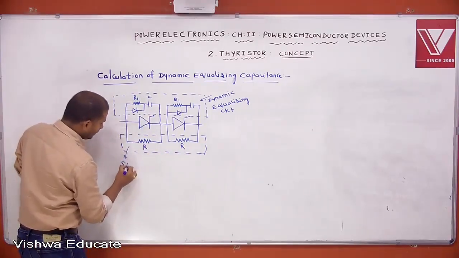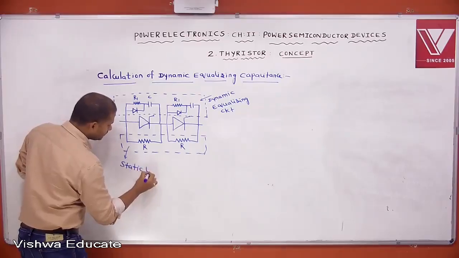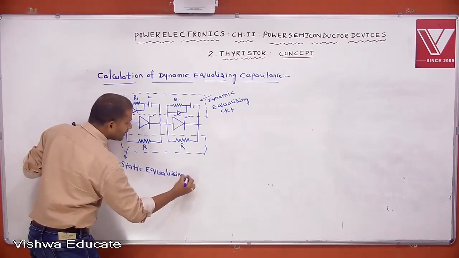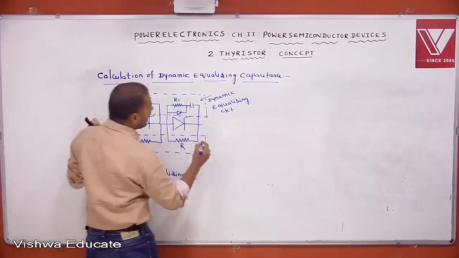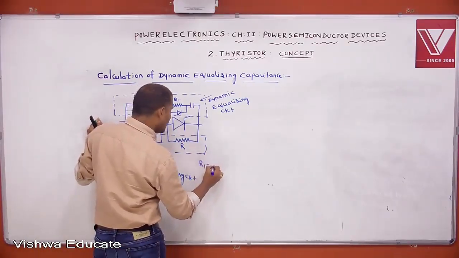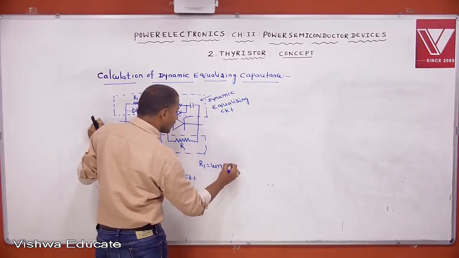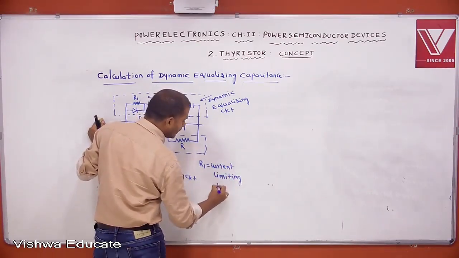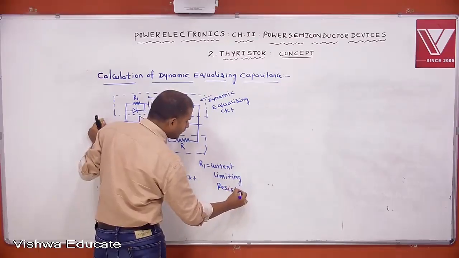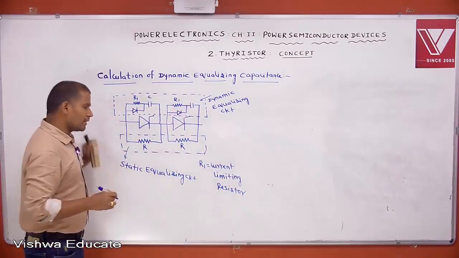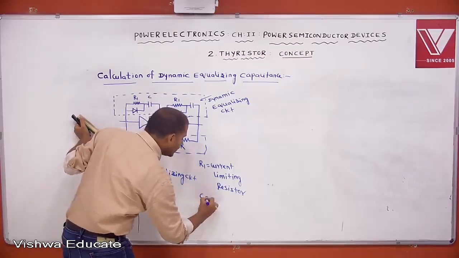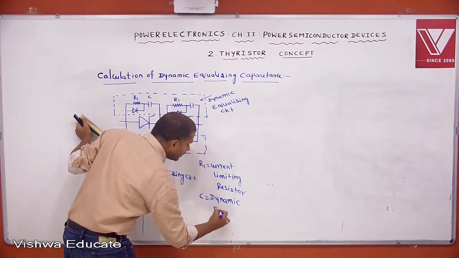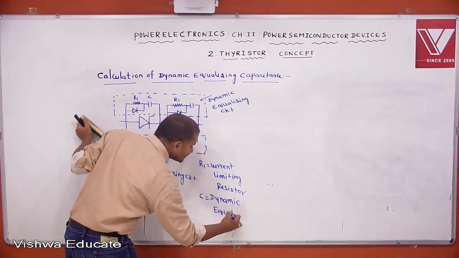This is the static equalizing circuit. Here R1 is the current limiting resistor in the dynamic equalizing circuit, where C is the dynamic equalizing capacitance.